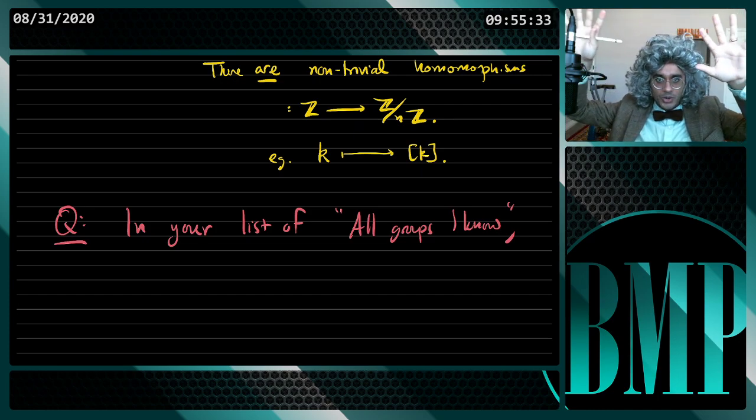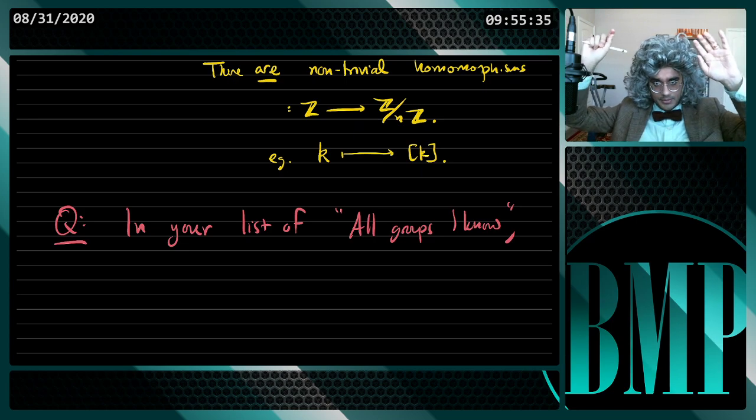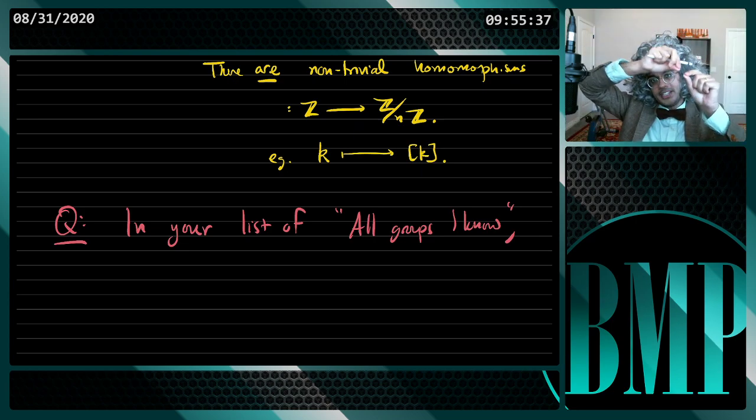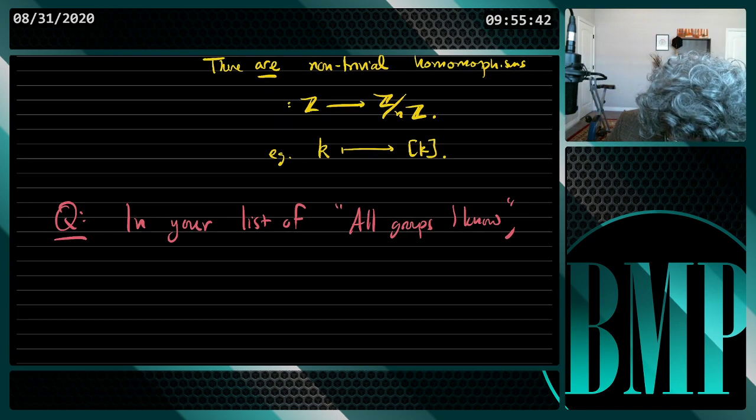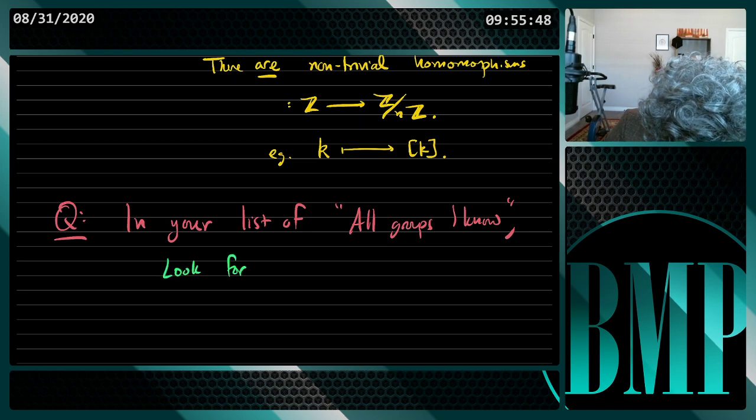Put all the groups you know on the wall, and start drawing strings between them if they are isomorphic. So in your list of groups you know, look for isomorphisms among them.